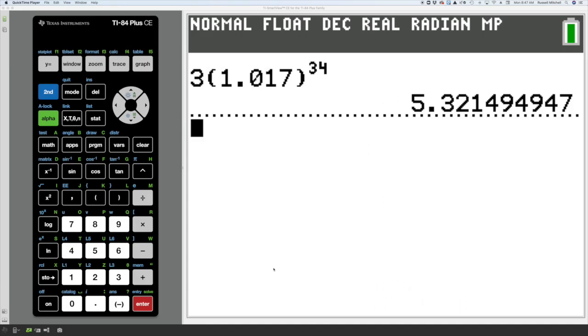All right, so what we want to do next is in our graphing calculator, or you could be using Desmos too, okay?